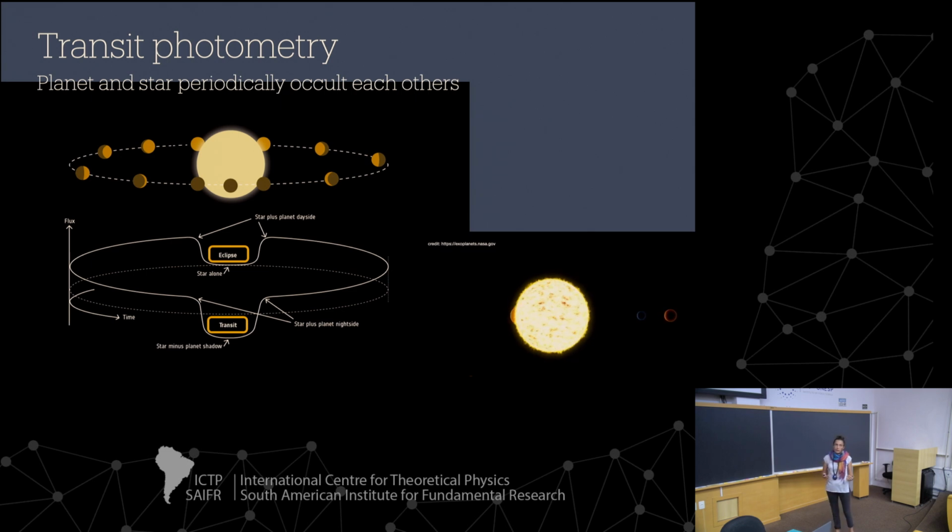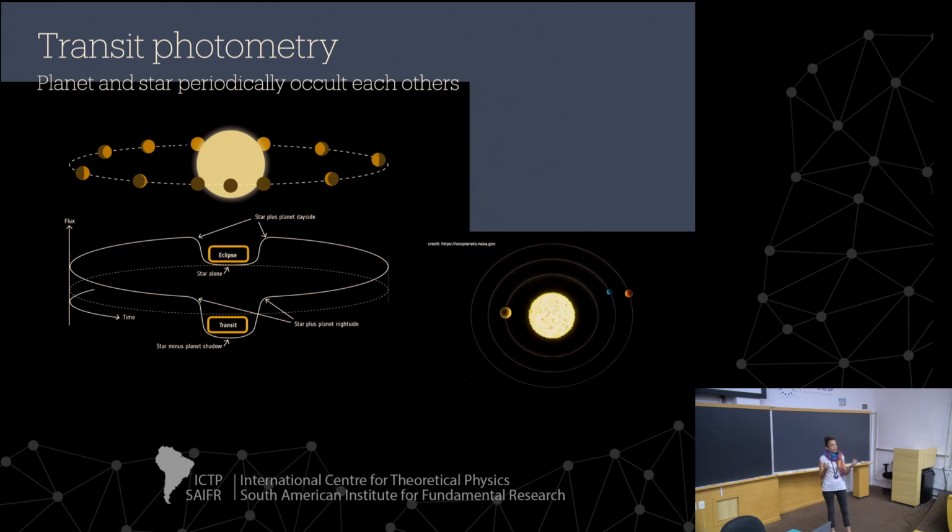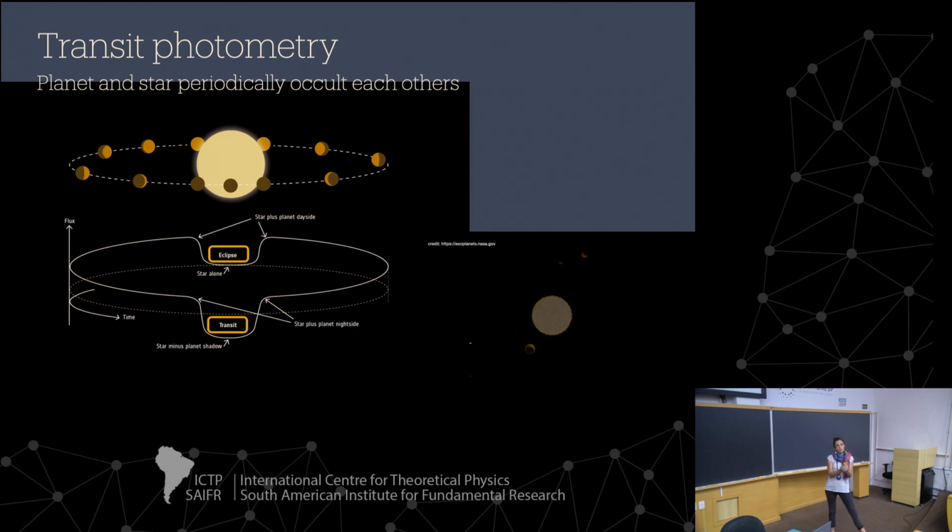But of course, it's again biased, because for the planet to eclipse the star, you need it to be coplanar. So it needs to be with an inclination that is almost 90 degrees for it to pass.